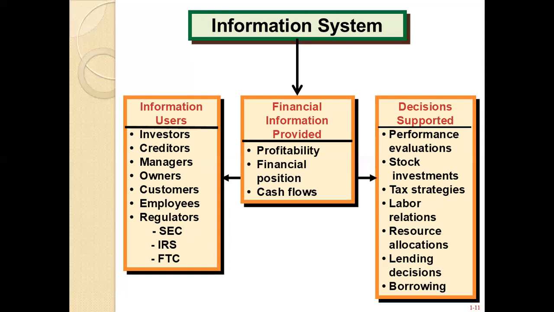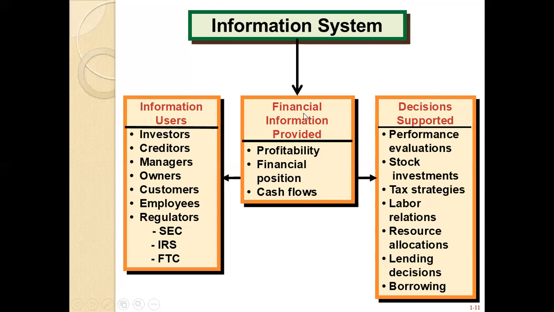Okay, these are some institutions that take interest in the accounting information. Besides these institutions, employers, owners, managers, creditors, and investors are also willing to see the accounting information. Okay, fine. These are the information users who are interested in the accounting information.